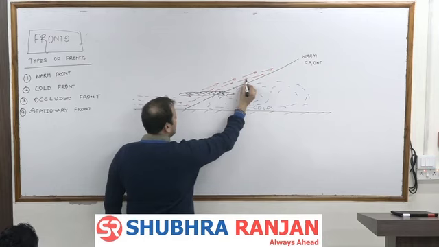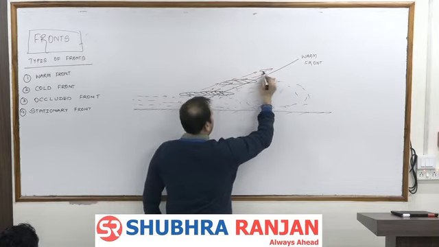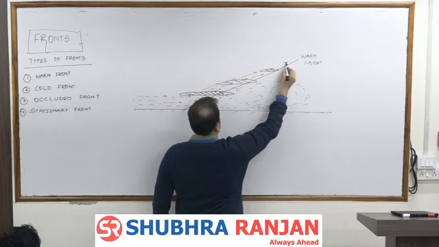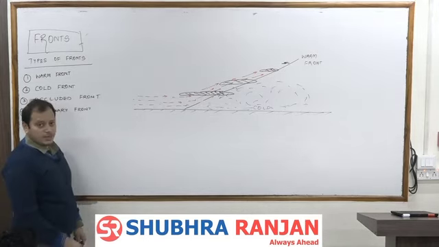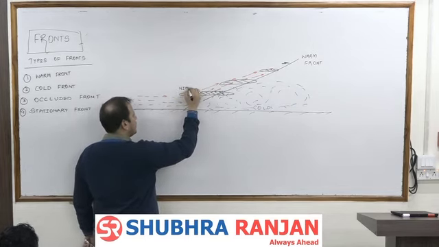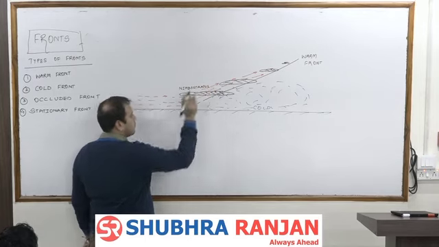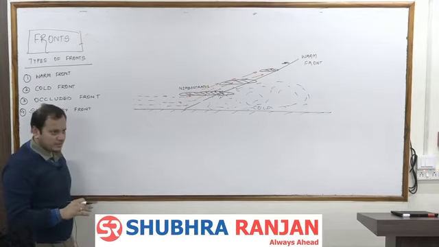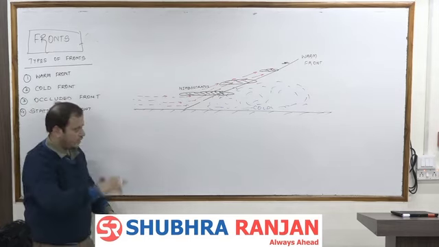Condensation ऐसे हो रहा है, and it will form the clouds. So what are the clouds that are formed along the warm front? The clouds that are formed along the warm front are nimbostratus. Obviously rainfall hoga, so you can directly write nimbostratus, or stratus also you can write. Rainfall hone hi wala hai because the air is going upwards.